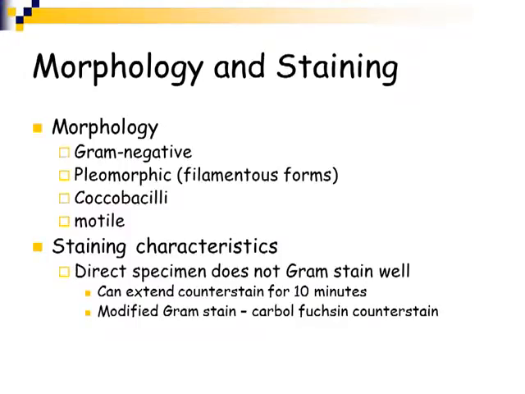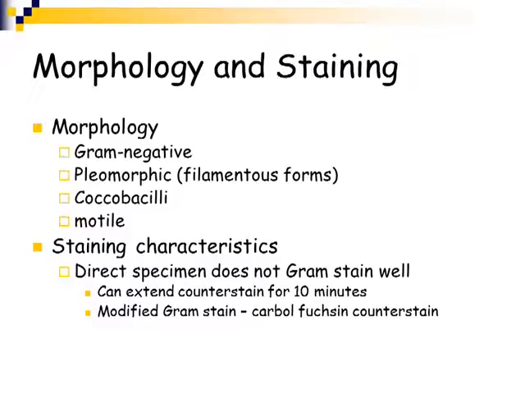Now this is a gram-negative, pleomorphic organism. It has many different forms. There's filamentous forms, coccobacilli to bacilli. It is motile, so it does have flagella, it moves. And the staining characteristics are that it does not gram stain very well.